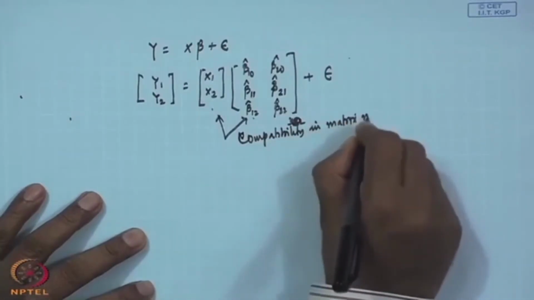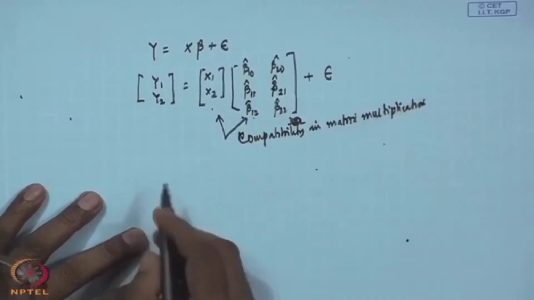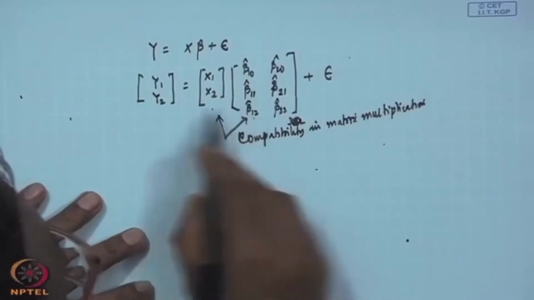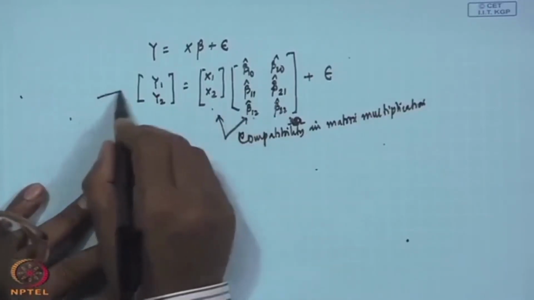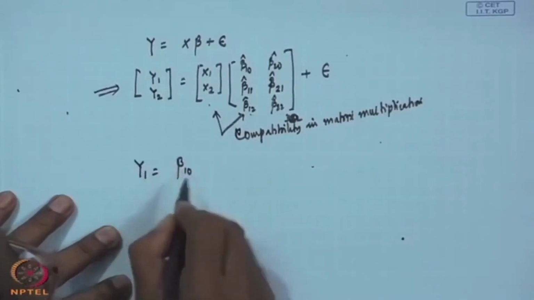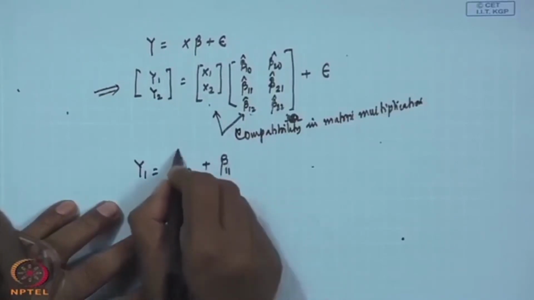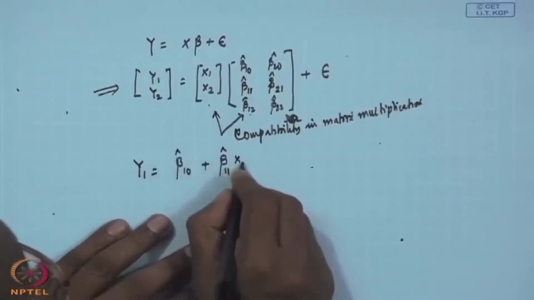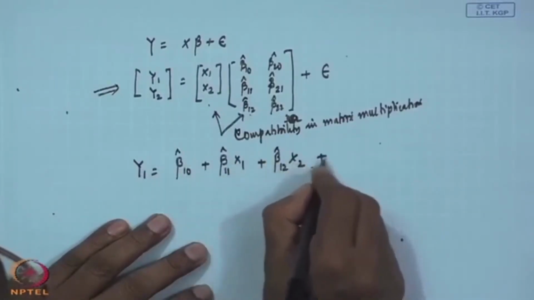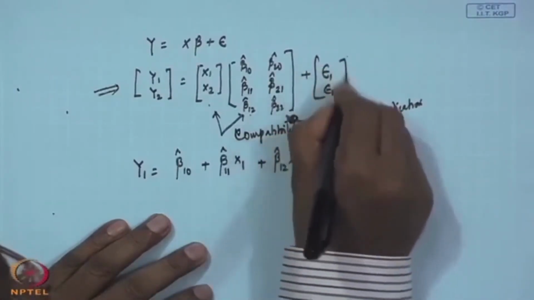Matrix multiplication. Okay, so what will we do then? We will not write like this. Straight, if I write y1 equal to beta 10 cap plus beta 11 x1, then beta 12 x2 plus epsilon 1, and epsilon 2.